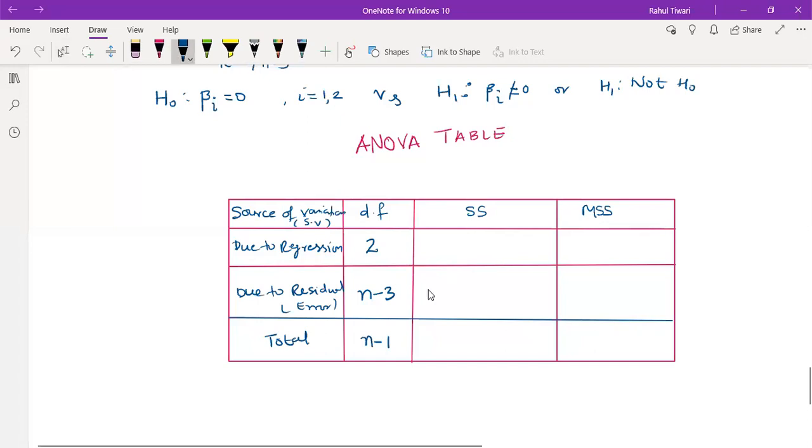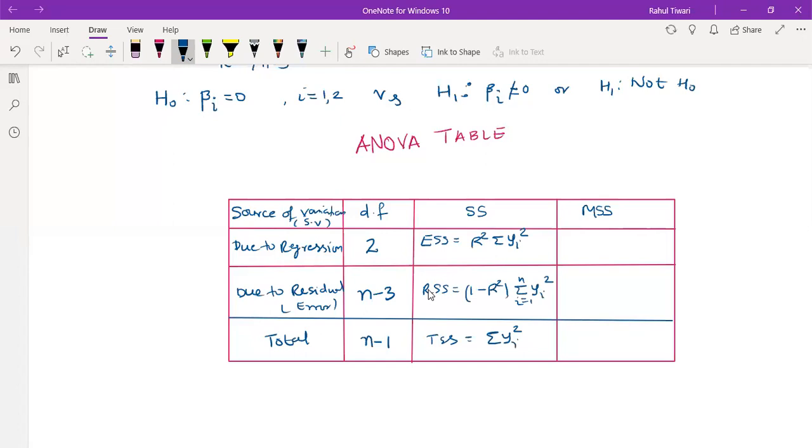So this is ESS, which is R square summation of yi square, and this is RSS, which is 1 minus R square summation of yi square, and this is going to be TSS, which is summation yi square.